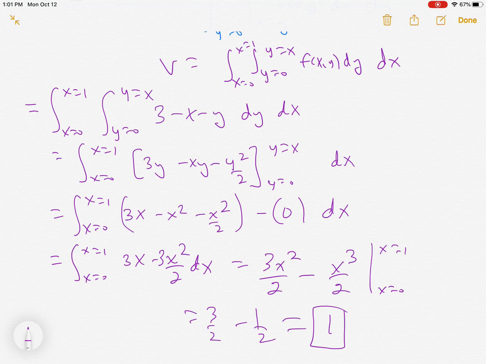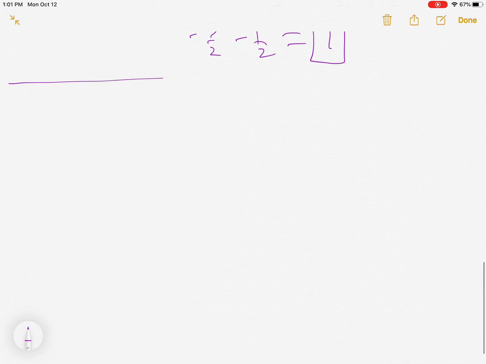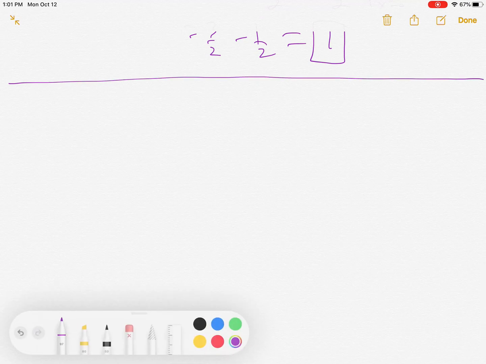So let's generalize this. Go back to black here.